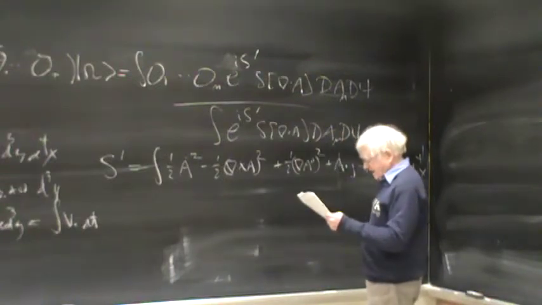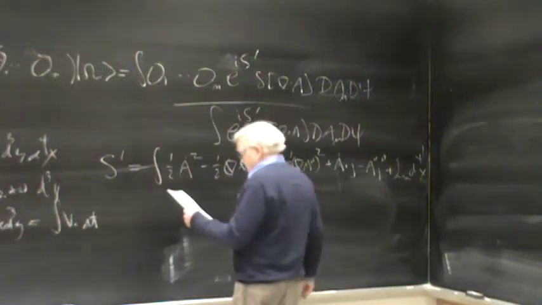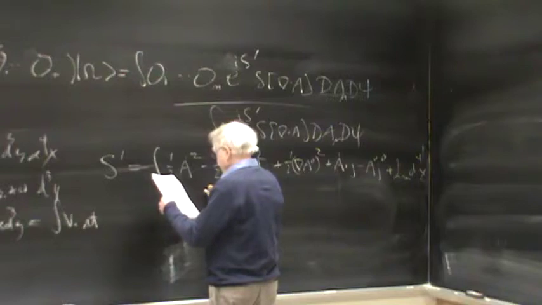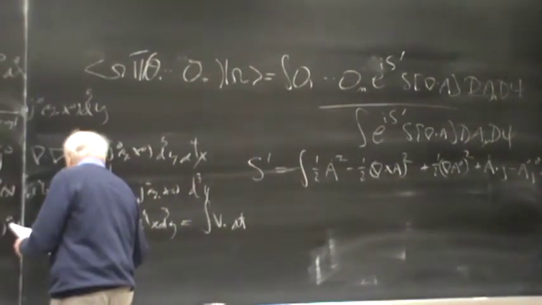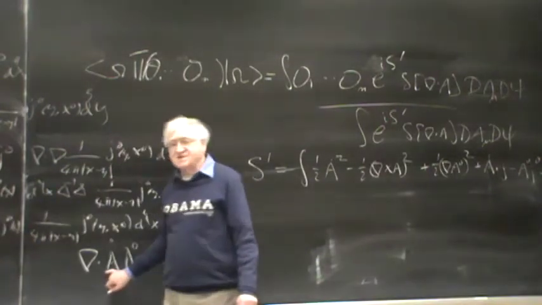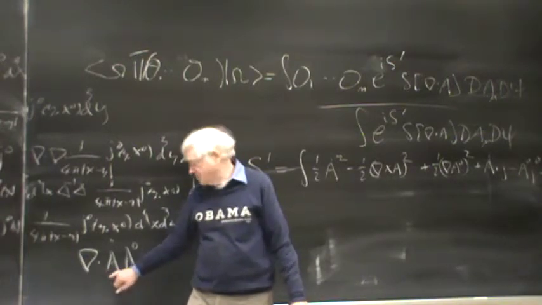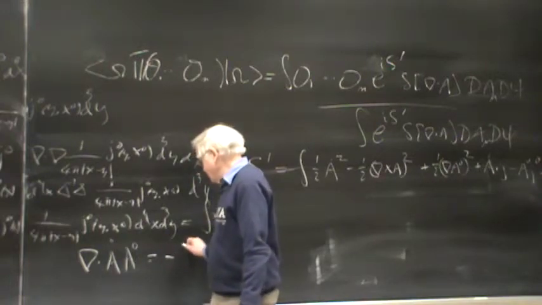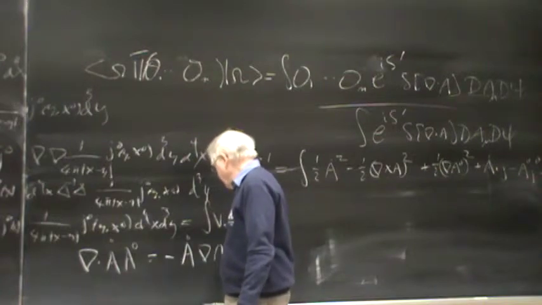And the term we're going to add that is 0 is the divergence of A dot times A0. And that's 0 because of the functional delta function that enforces the Coulomb gauge condition. On the other hand, we're going to integrate it by parts, and that gives us minus A dot grad A0.